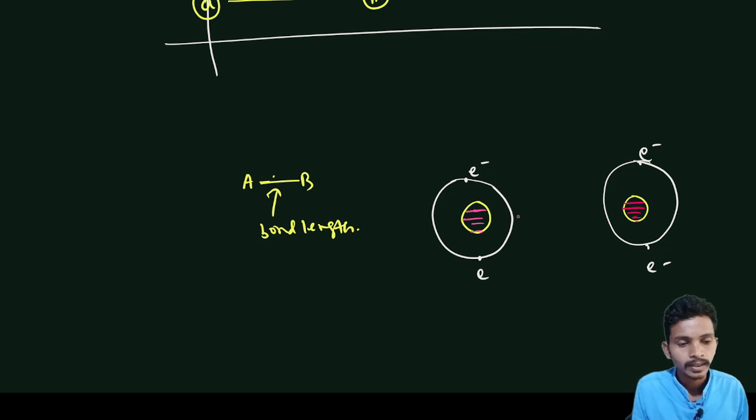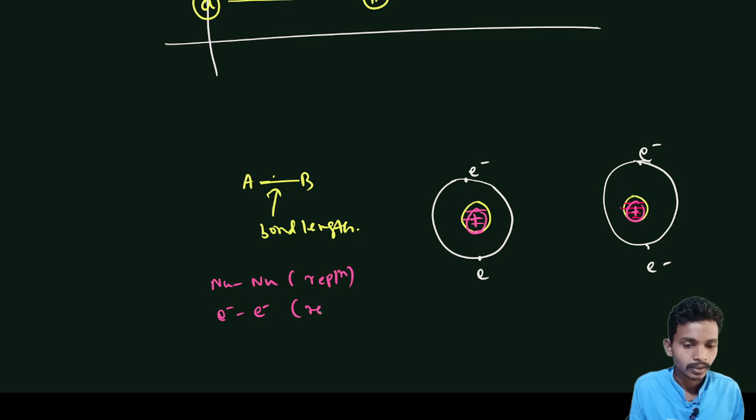Now this nucleus has positive charge, here is positive charge, here also positive charge. So you know that nucleus and nucleus have repulsions, same charge will repel. Similarly electrons have repulsions, and nucleus and electrons have opposite charge, so they have attractions.